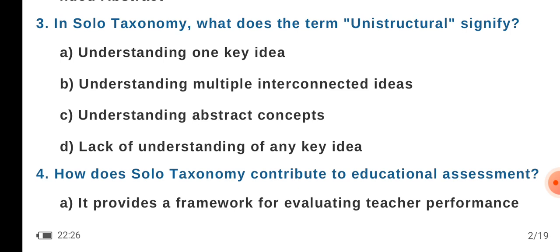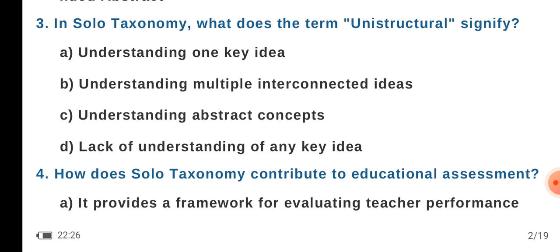In SOLO Taxonomy, what does the term unstructural signify? Letter A, understanding one key idea. Letter B, understanding multiple interconnected ideas. Letter C, understanding abstract concepts. Letter D, lack of understanding of any key idea.